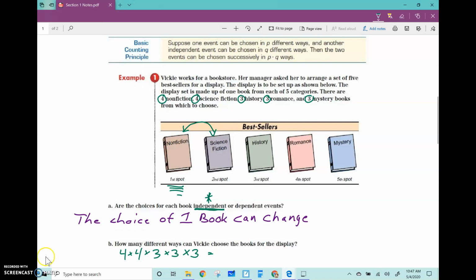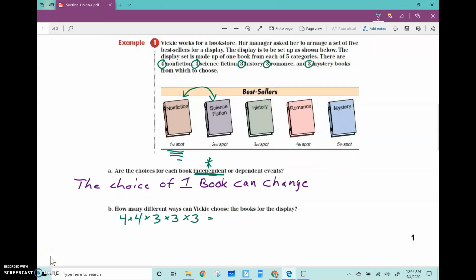And we end up with 432 different choices. That's too much for a tree diagram. So that's why we need to learn how to multiply out our choices, and it makes it a lot simpler.